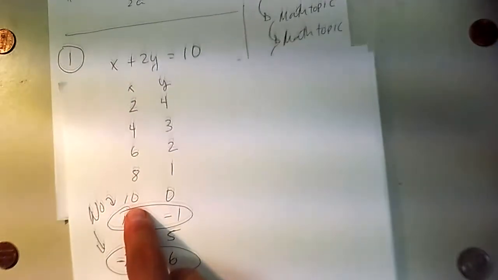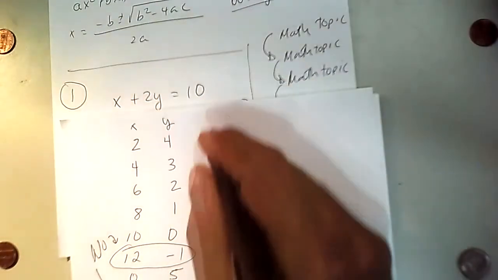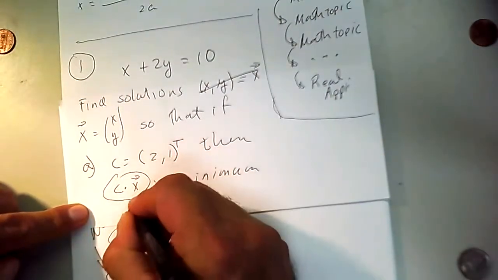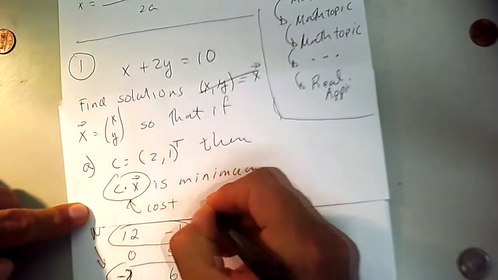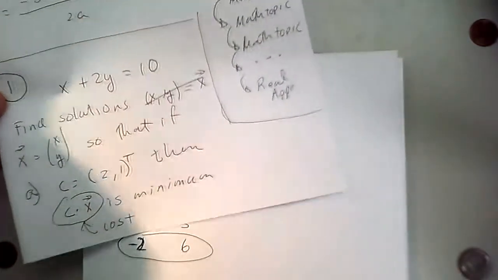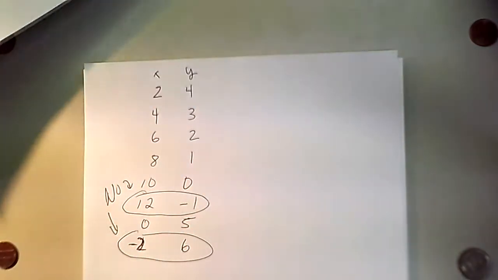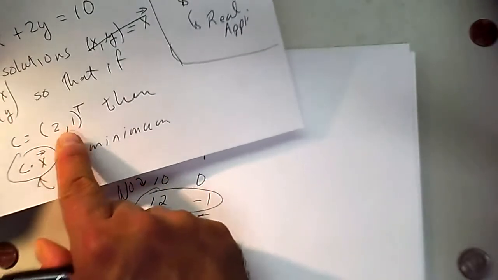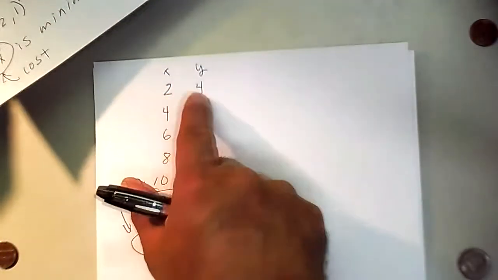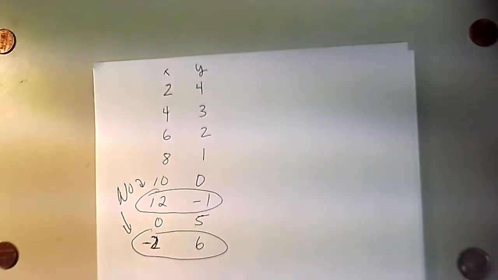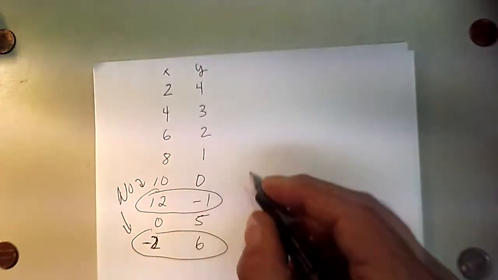Only positive solutions. Now, by the way, this product c dot x, we will call this the cost. So we want to minimize the cost. The cost is the dot product of the vector (2, 1) with those. So that really means 2x plus y.